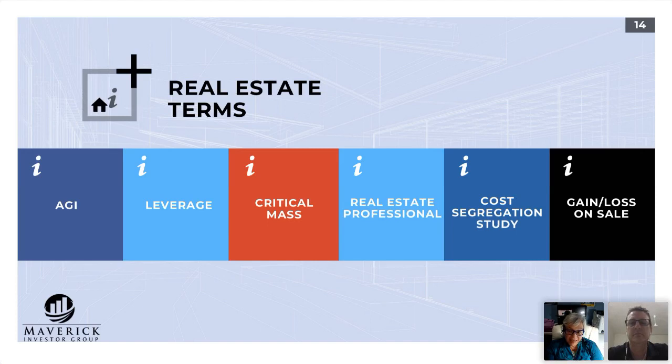If your AGI is less than $100,000, you can take $25,000 of real estate losses against other income. So if you've got a W-2 job, you can take up to $25,000 of losses against your other income. If you make over $150,000 adjusted gross income, you can't take any of those losses against your income. Between $100,000 and $150,000, the amount you can deduct phases out.